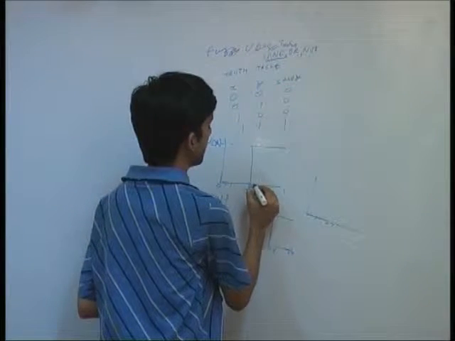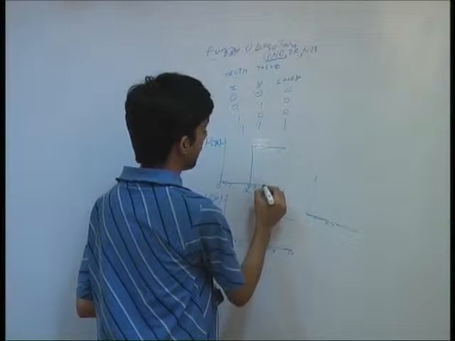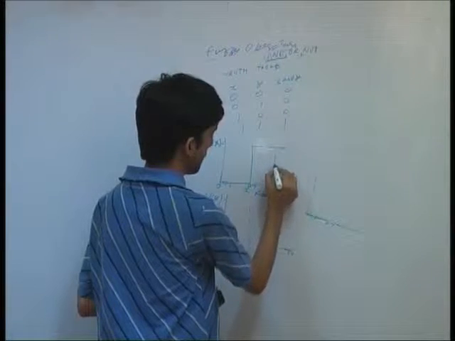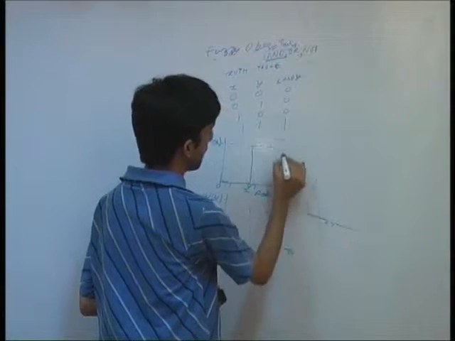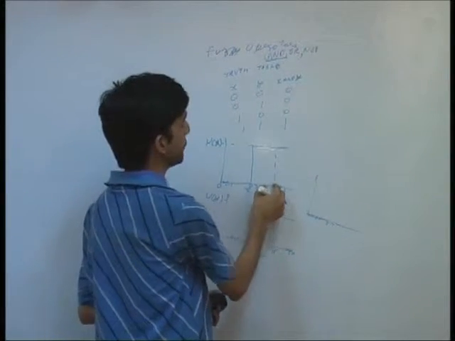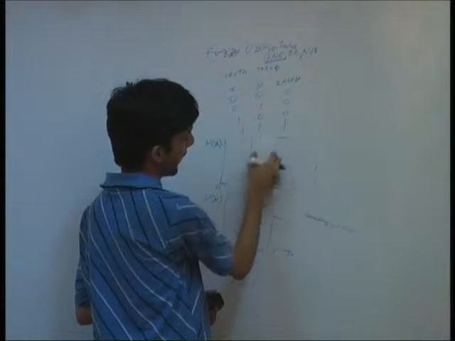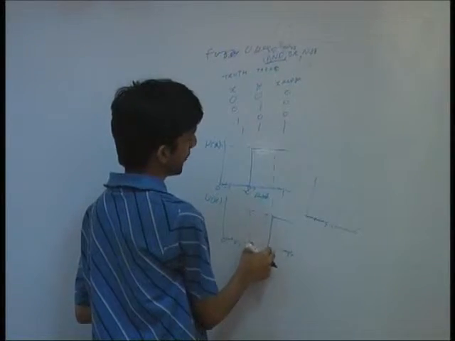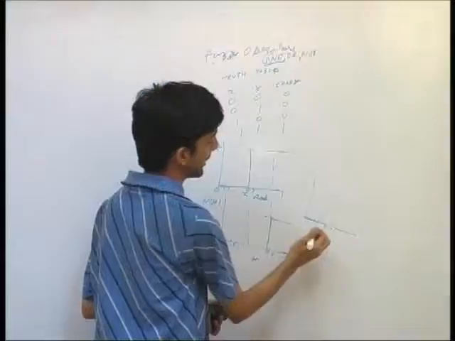I'll still go further up with it. From 0.7 to 0.8, this is 1 over here and this is 0 over here. 1 and 0 is nothing but 0.